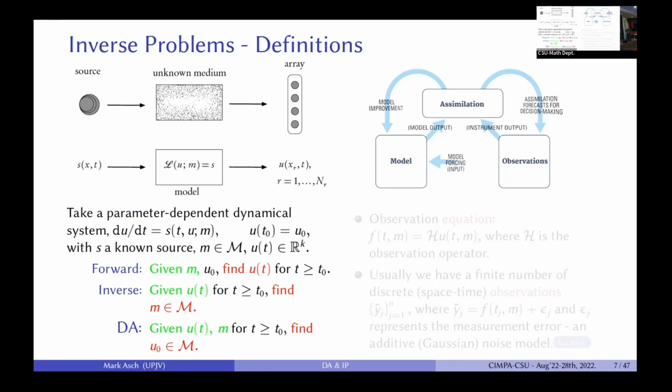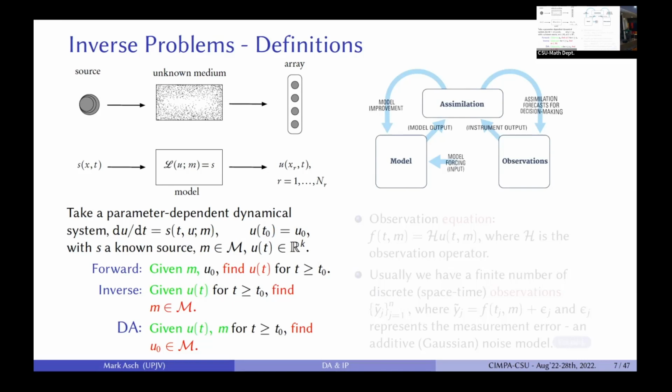The forward problem, which is what we spend a lot of our career in, a lot of our university and school, is that I give you M, the parameters of the system, which means, let's say, the material properties, or the densities of the organs in the body, or the acoustic speeds of the rocks in geology, or the characteristics of the atmosphere if I'm doing weather prediction.